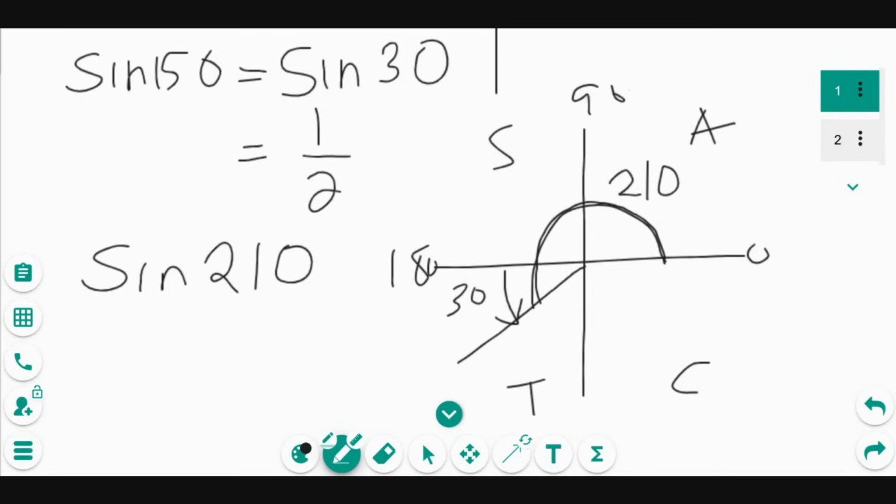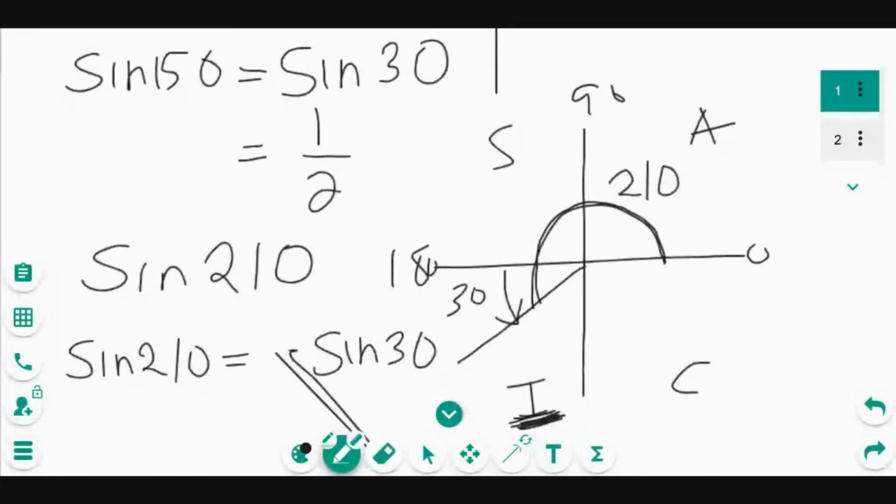However, in the third quadrant, sine is not positive, it's negative. Only tan is positive. So I can rightly say that the sine of 210 degrees is equal to the sine of 30, but this time it's a negative.